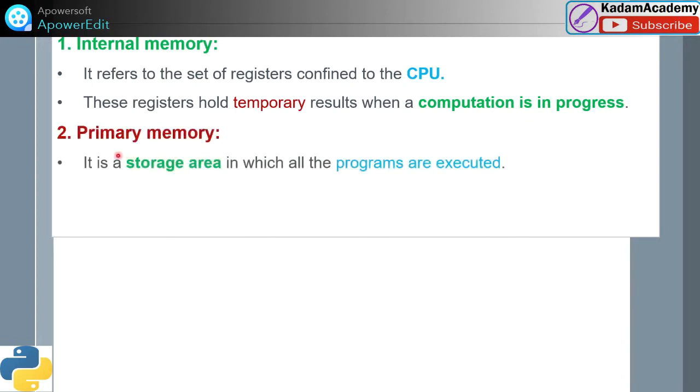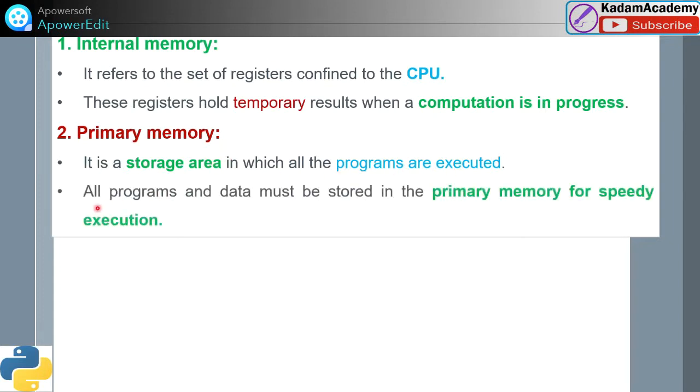Second, primary memory is the main storage area in which all the programs are executed. All programs and data must be stored in primary memory for speedy execution.